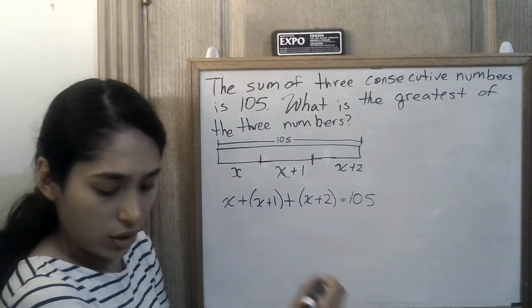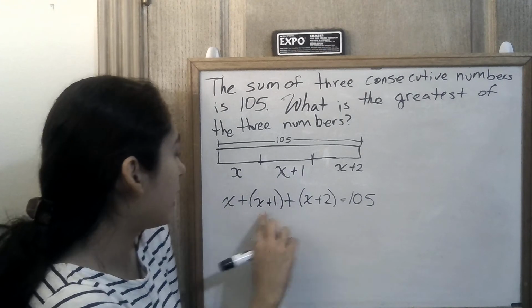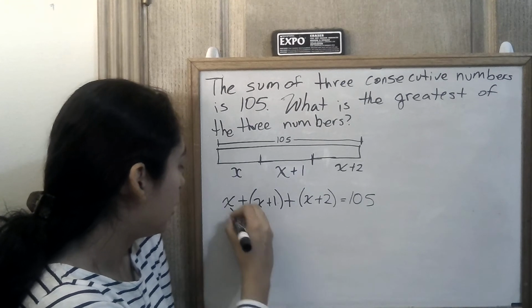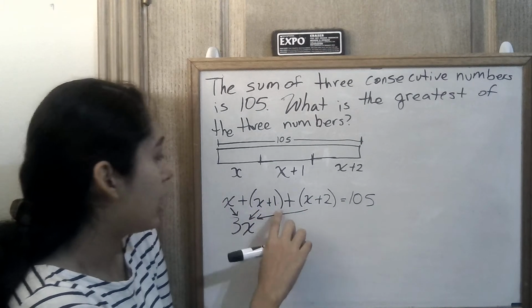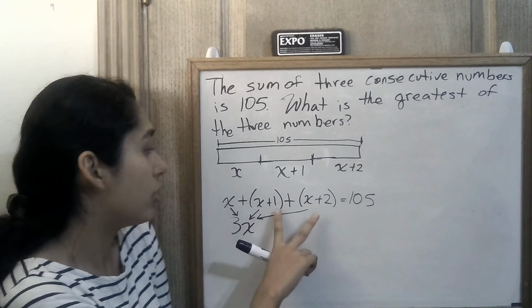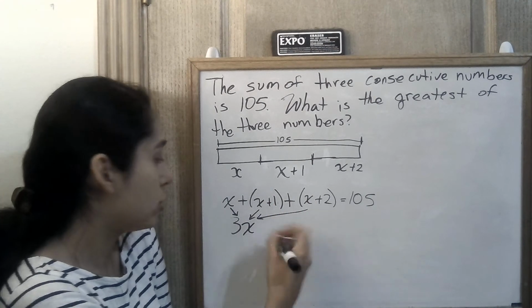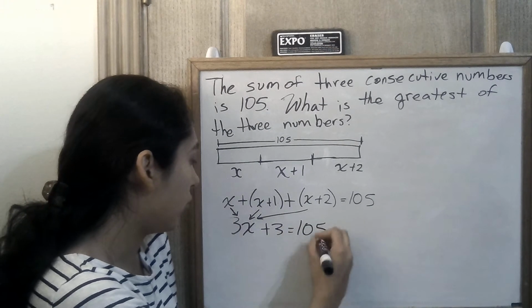Great! What I can do is just combine like terms. So I have x, so I get 3x. And I'm going to combine the other like terms, these 2 constants. So the 1 and the 2 is equal to 3, and all of this is equal to 105.